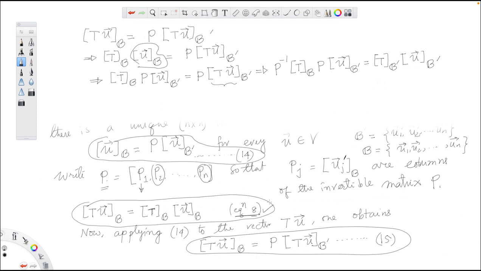Which means that one has the following: this is equal to this, right?